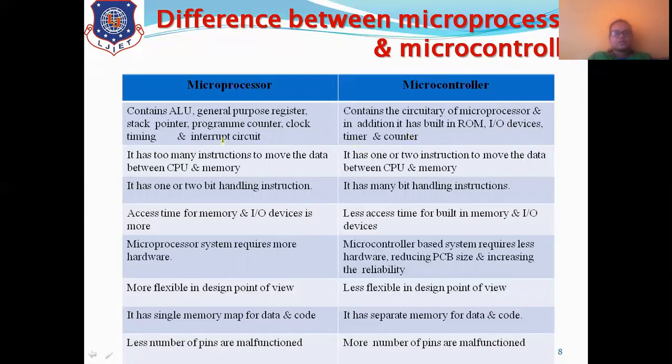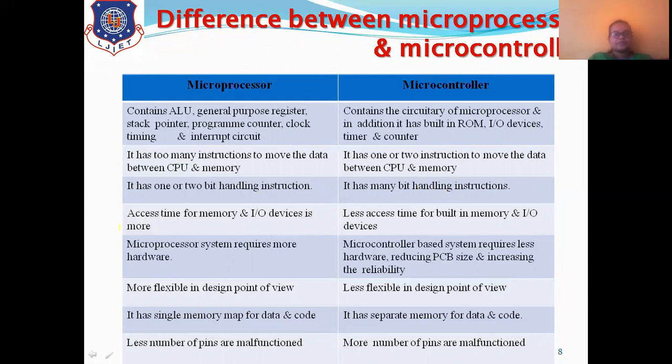Clear? Now, the second difference: a processor has many instructions to move data between CPU and memory, right? Whereas a microcontroller has only one or two instructions, as it is a RISC type of structure, and the processor is a CISC type of structure. Clear? Now, next, the processor has one or two bit handling instructions, whereas a microcontroller has many bit handling instructions, right?